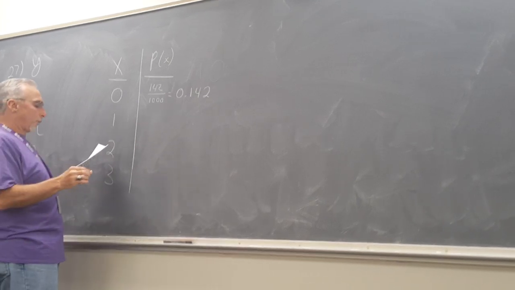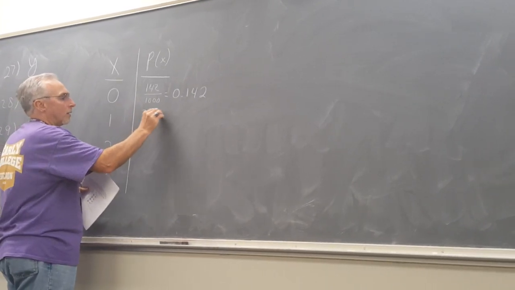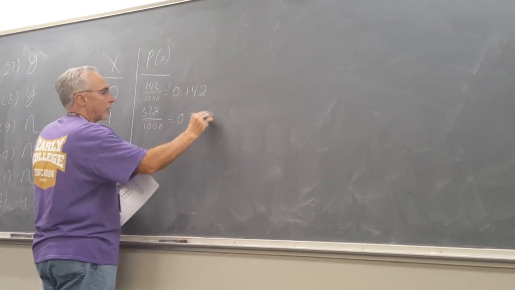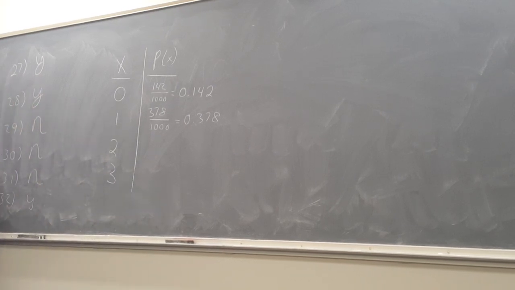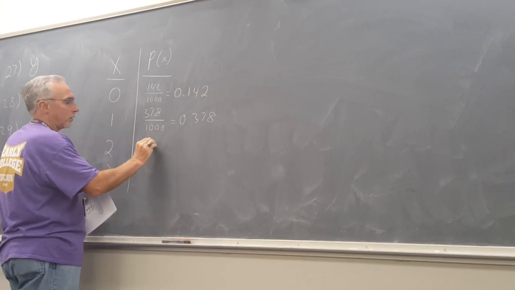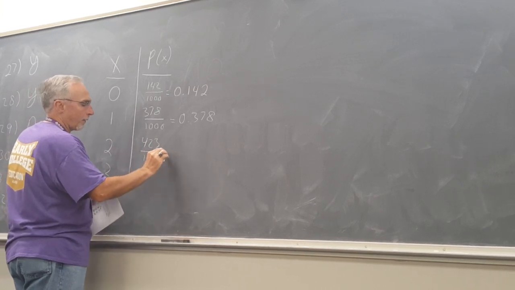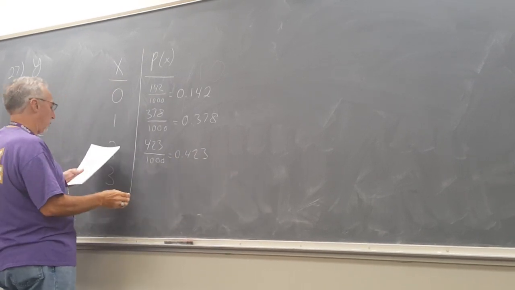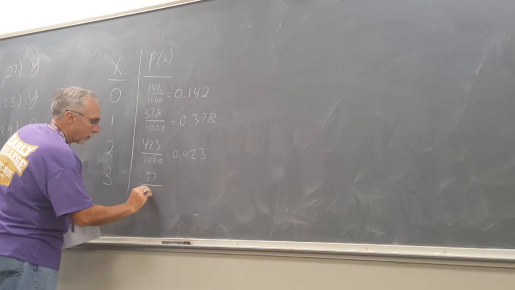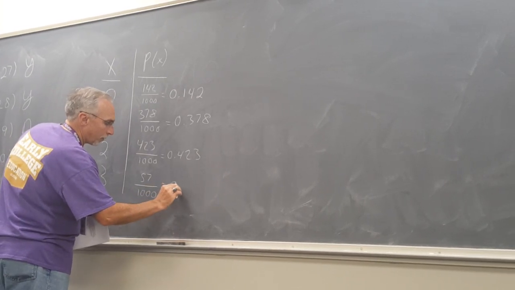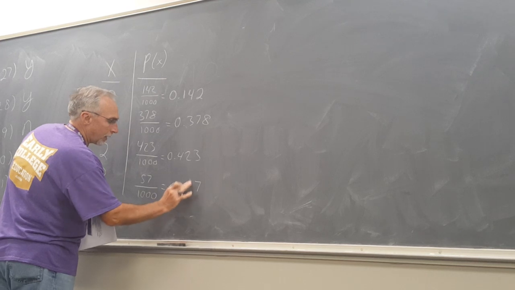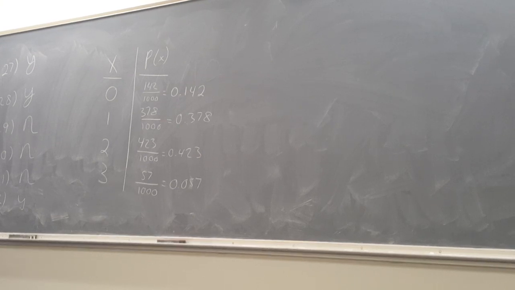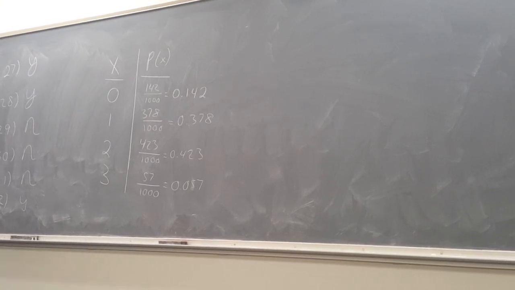And then the second one, let's see, 378 have one car. 423 have two cars. And last but not least, we had 57 that had three cars. So this is my probability distribution.